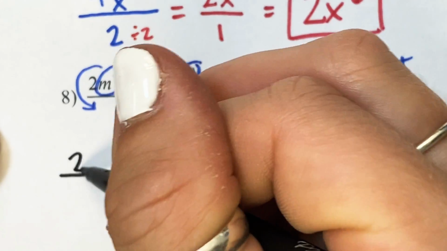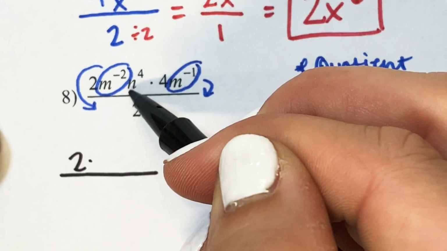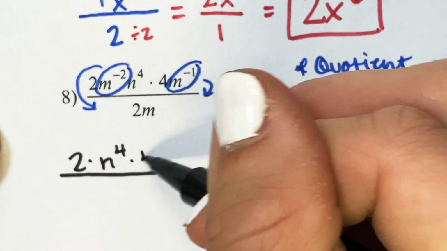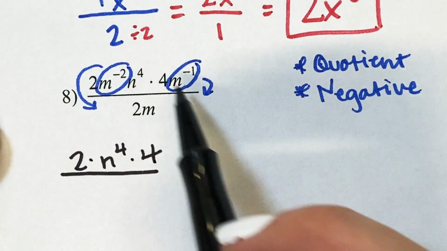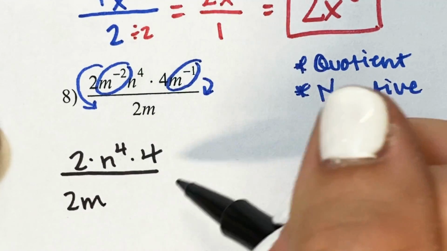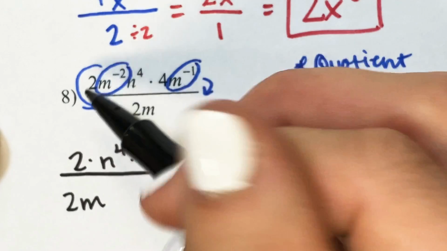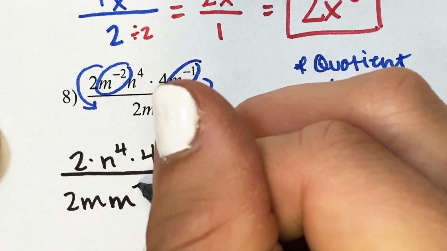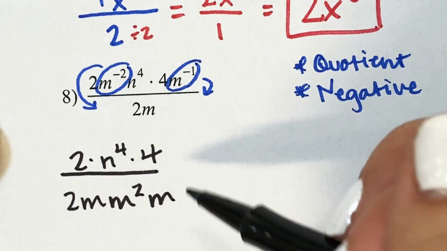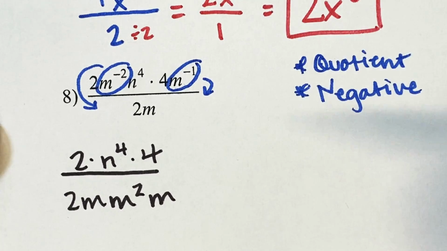So I had 2 times n to the 4th, and that 4. That was what was left on top. Okay, that 2m was already on bottom. Okay, and then this m squared moved to bottom, became positive, and then the m to the first power became positive. But since it's just 1, we don't have to write it.